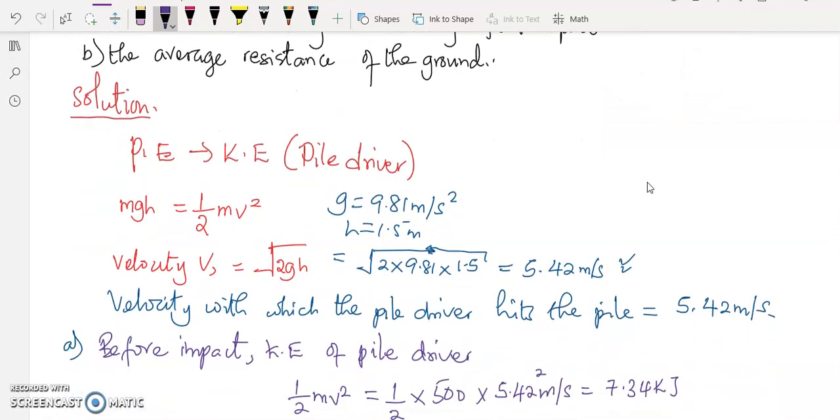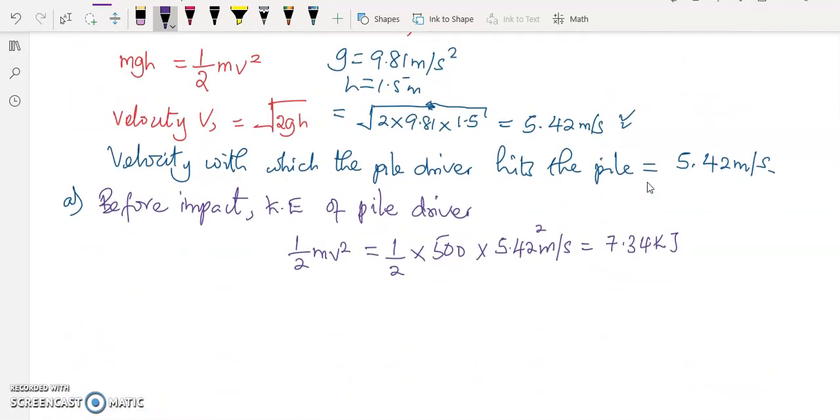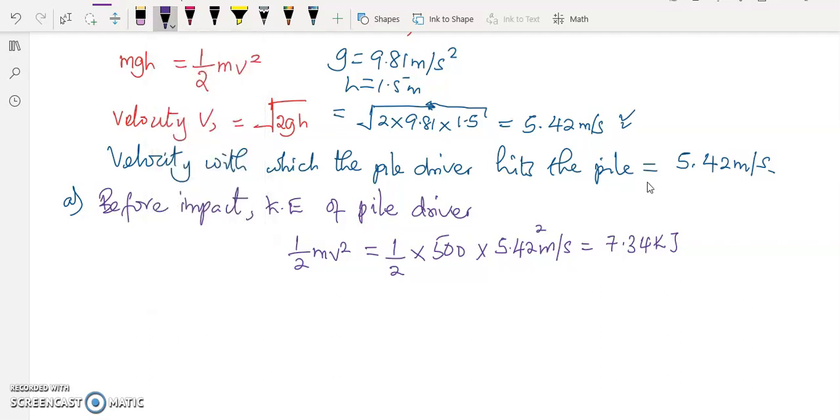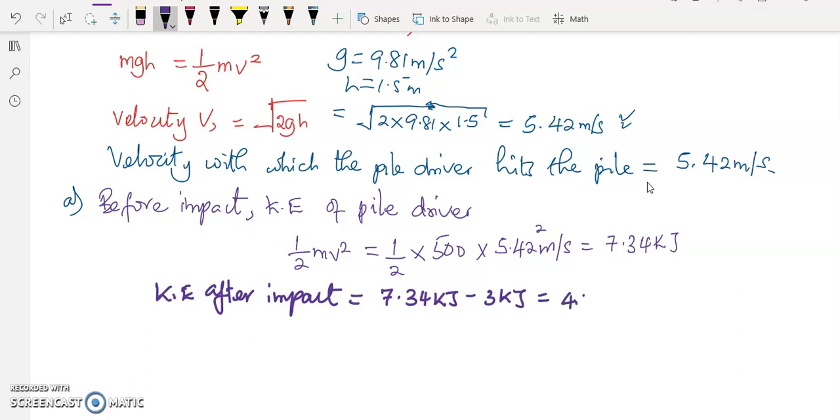So let's get the kinetic energy after impact. It is gotten by 7.34 kilojoules minus 3 kilojoules, and we remain with 4.34 kilojoules.